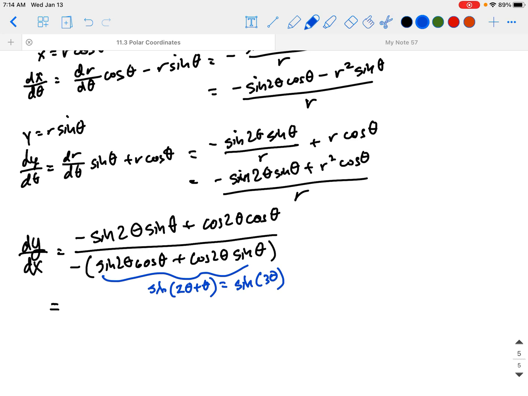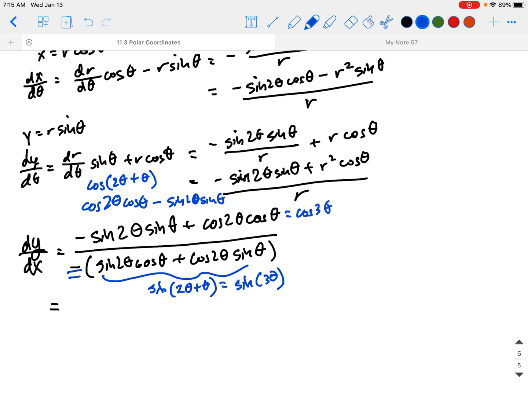And on top, if we rearrange these terms, we'd have cosine 2 theta cosine theta minus sine 2 theta sine theta, which is an identity for the angle sum of cosine. So 2 theta plus theta. So that is really cosine 3 theta up at the top.